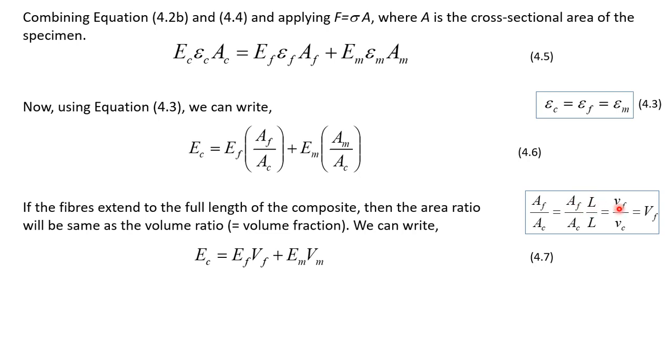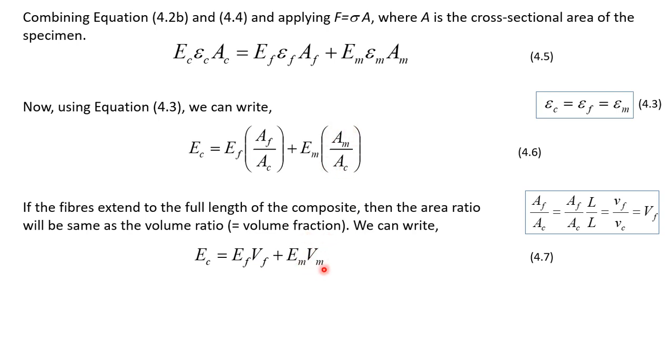So this will become volume of the fiber. Similarly, this will be volume of the composite. So volume of the fiber divided by volume of the composite will be given as volume fraction of the fiber, VF. Therefore, this ratio can be written as volume fraction of the fiber, and this ratio can be written as volume fraction of the matrix.